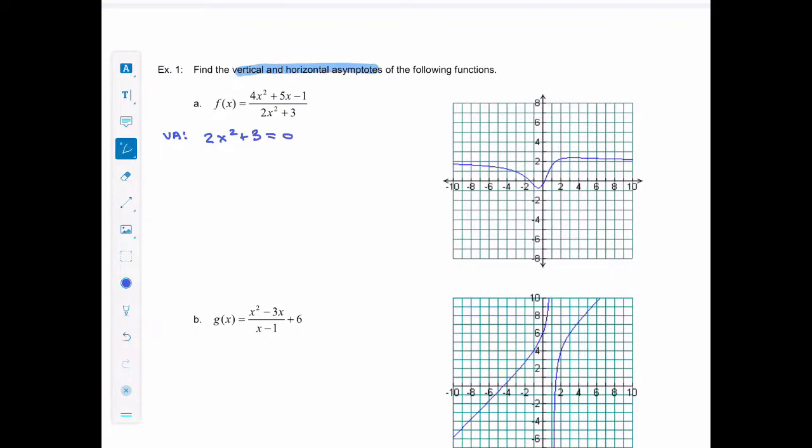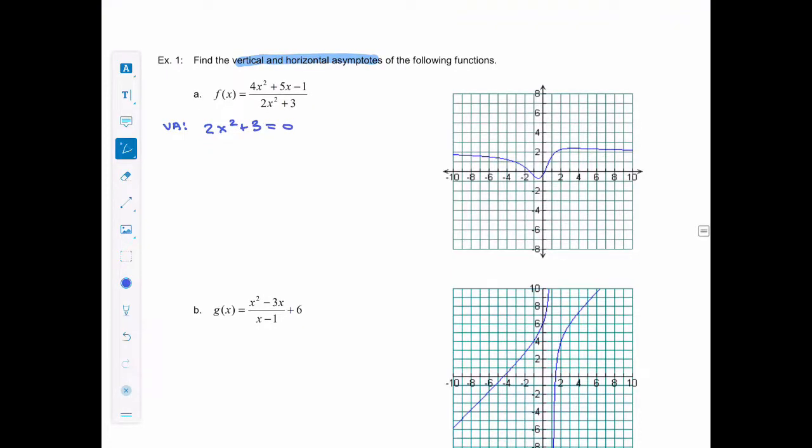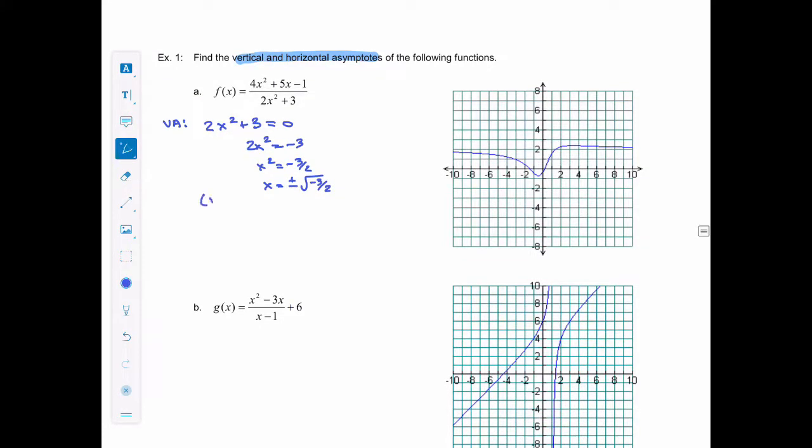So if we solve for this here, we get 2x squared is equal to negative 3. x squared is equal to negative 3 over 2. x is equal to plus or minus the root of negative 3 over 2, which really gives us imaginary numbers. So really that means there's no vertical asymptote.